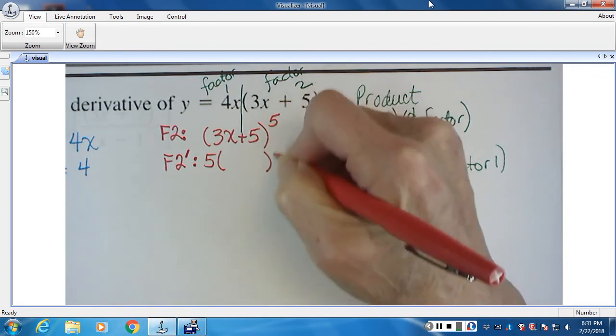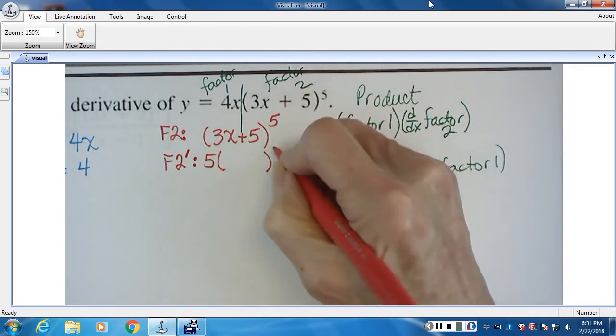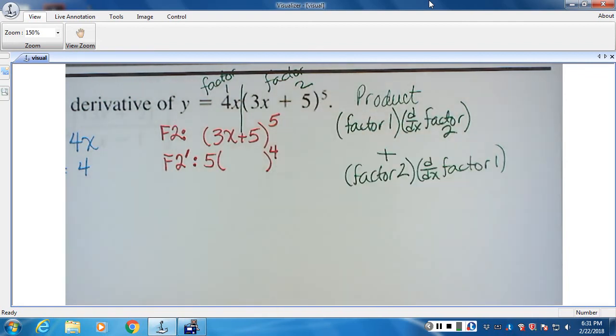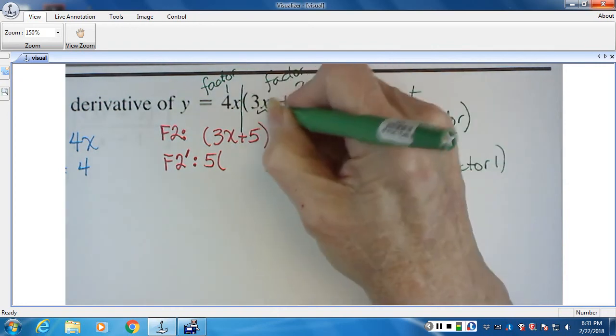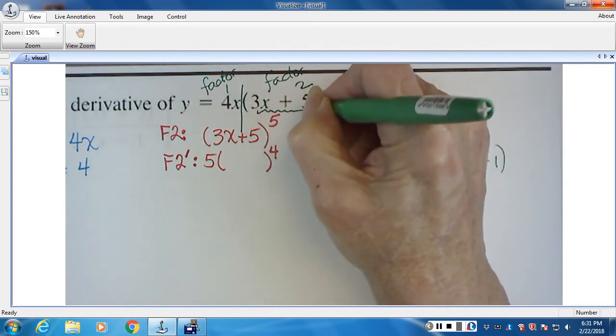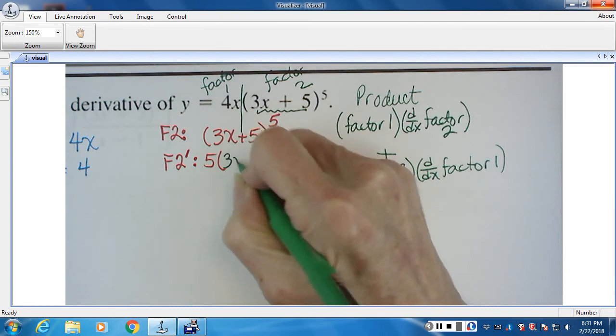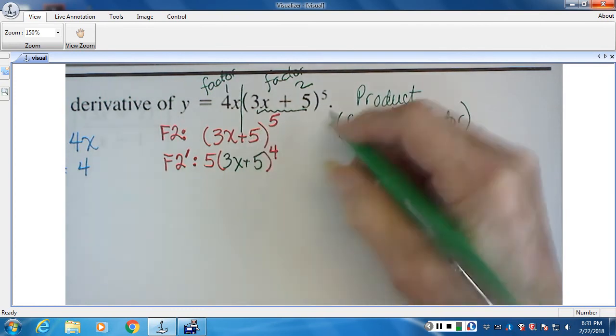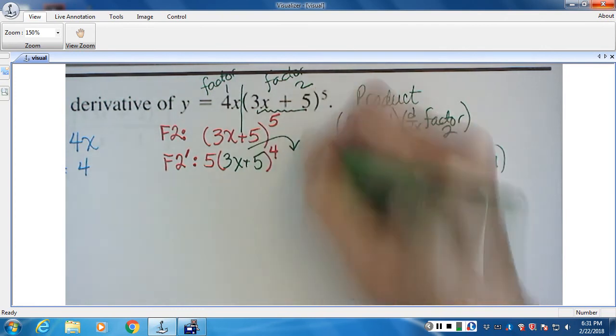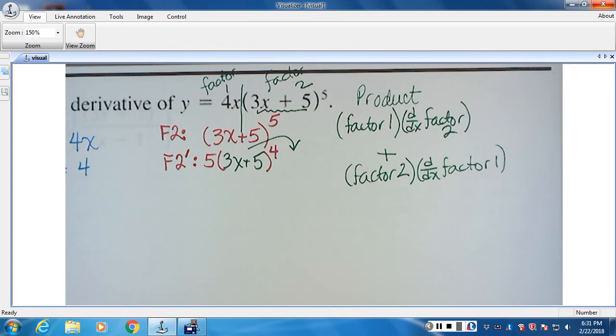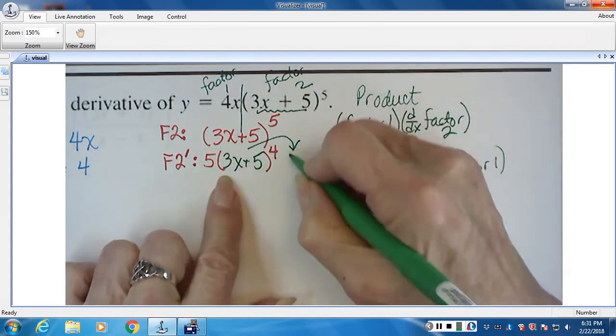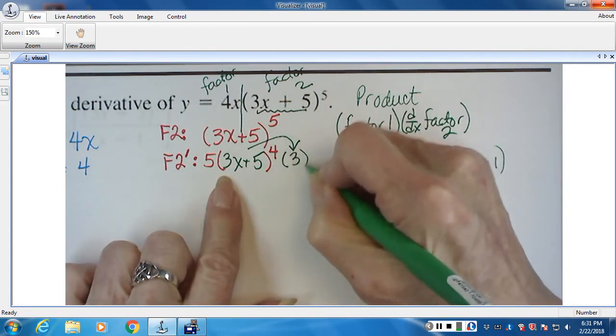Then I'm going to reduce my power by 1. But then I'm recognizing that I had something that was the inside function, and I need to take its derivative as well. So the derivative of 3x plus 5 is 3.